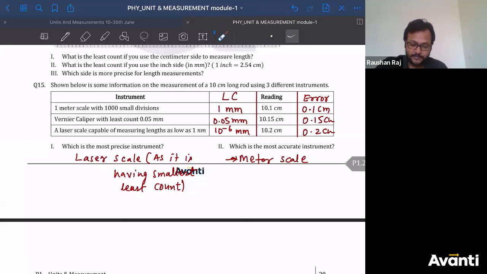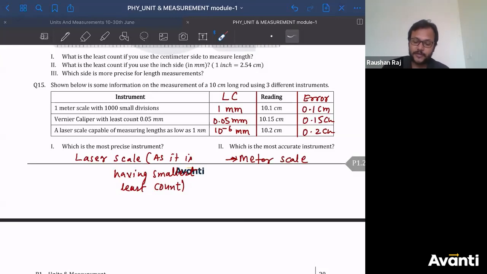It can measure in the most accurate way, but while measuring, there must have been some error included, either instrumental error, or the person measuring has made some mistake, or a methodology error or human error. So having the smallest least count does not guarantee that the accuracy will be highest. Having the highest precision does not guarantee that accuracy will also be high.